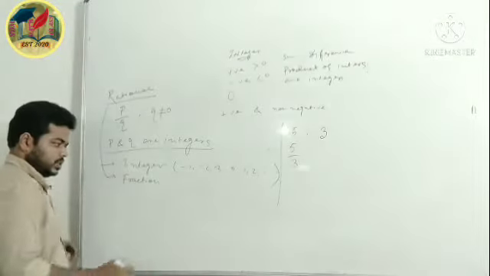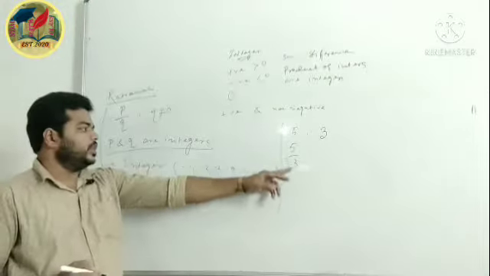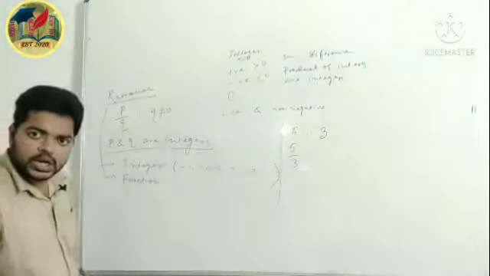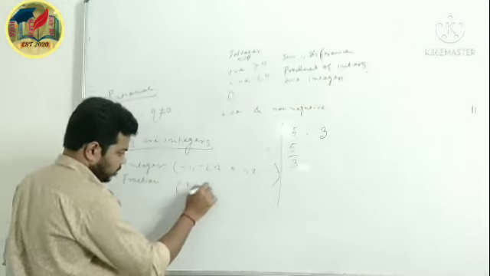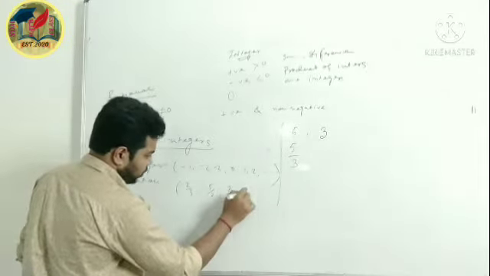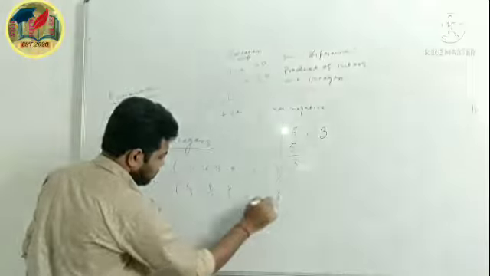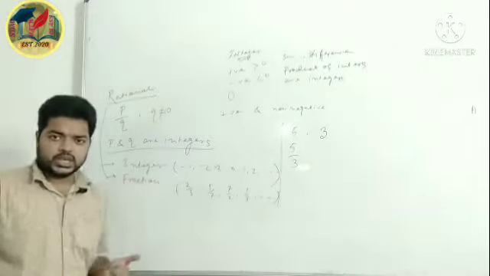And fraction numbers means those numbers which are in the form p by q, where q is not equal to 0 and p and q are integers. So 2 by 3, minus 5 by 7, 7 by 2, 1 by 3, etc. All are fractions. A fraction is also a rational number.